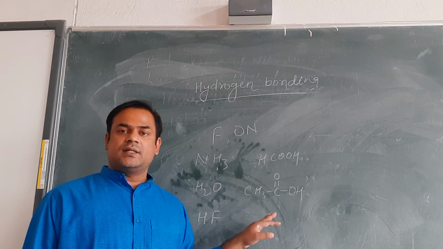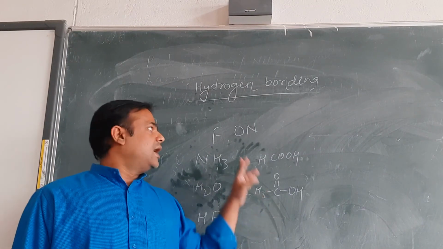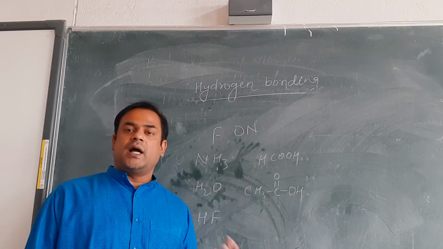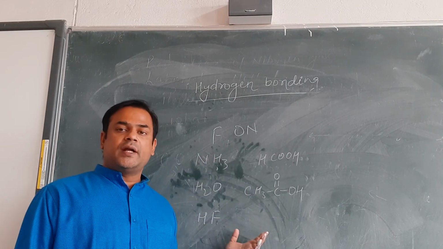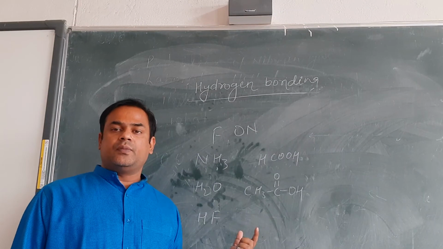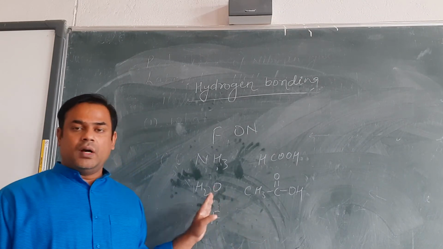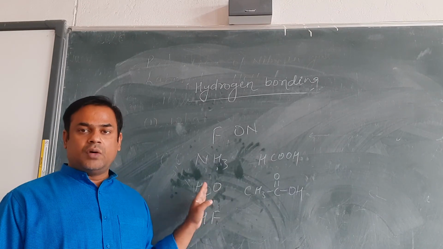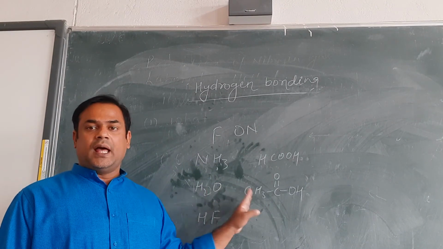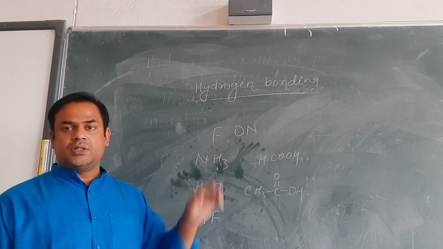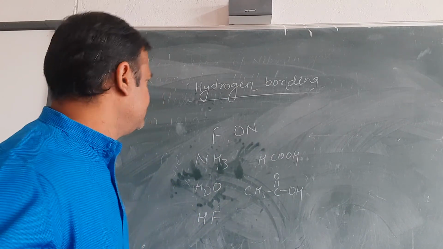So in all the cases hydrogen is bonded with fluorine, oxygen or nitrogen, and these molecules show hydrogen bonding. So what is hydrogen bonding? It is dipole-dipole attraction between two molecules, where one atom must be hydrogen and the other atom must be a highly electronegative element, that is fluorine, oxygen or nitrogen.